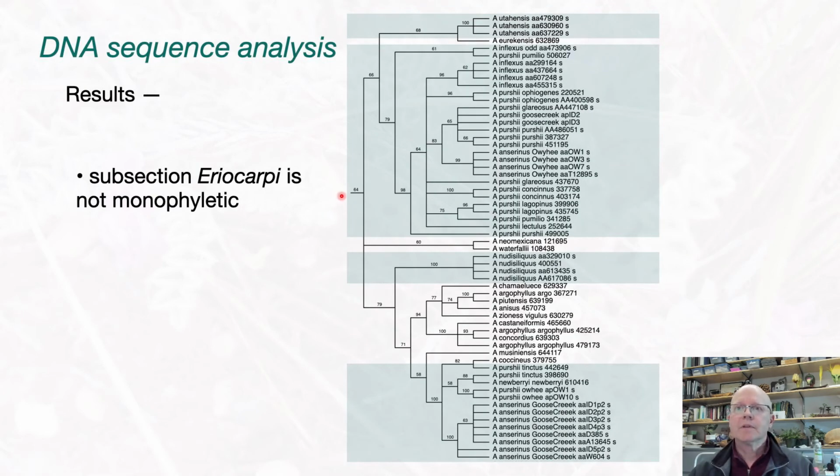Taking a step further, subsection Eriocarpi, to which Astragalus anserinus belongs, is not monophyletic. All of the taxa that are highlighted in the teal color belong to subsection Eriocarpi, and you can see that embedded among those are various species from other subsections of section Argophyllae.